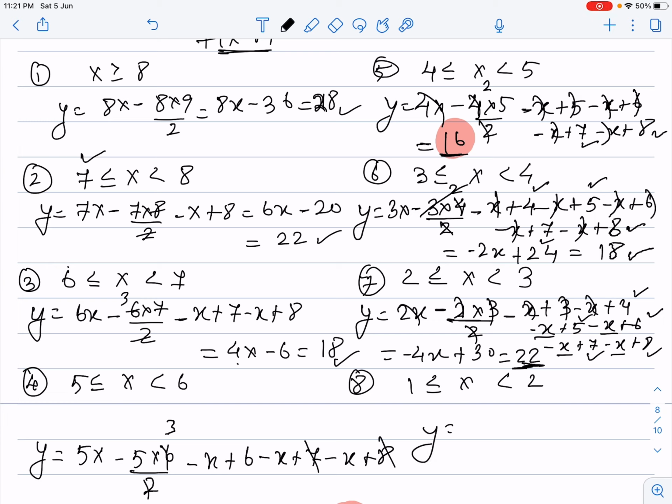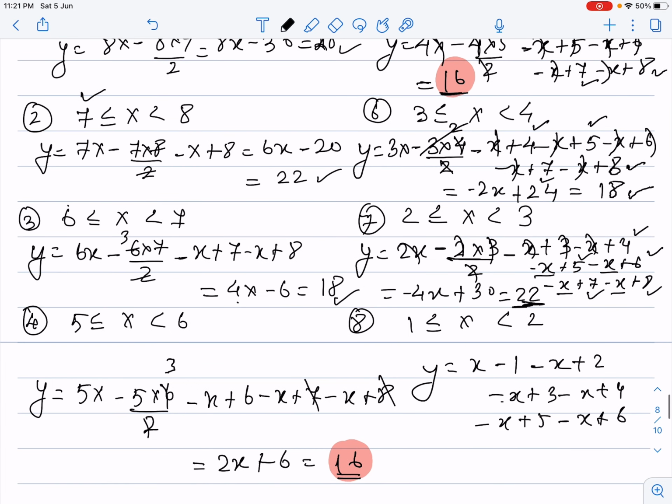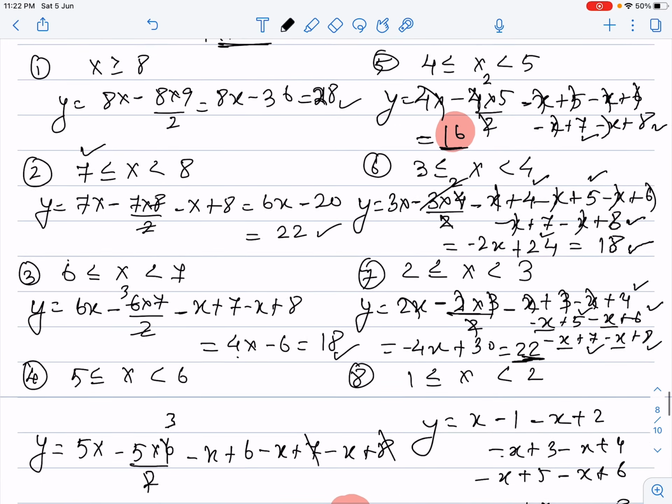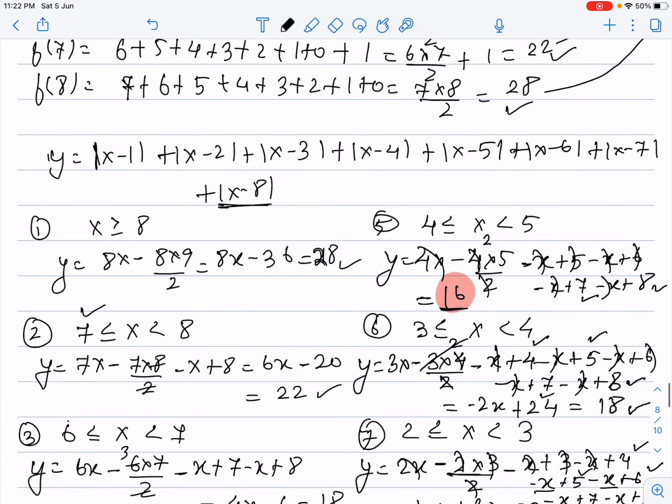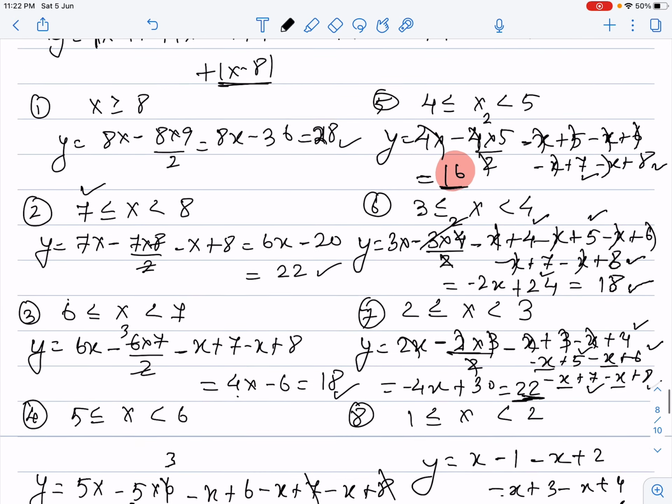Now I will be writing x minus 1 will be remaining, and after that we'll be writing with positive sign. Minus x plus 2, then minus x plus 3, minus x plus 4, minus x plus 5, minus x plus 6, then minus x plus 7, minus x plus 8. So finally we'll have minus 7x, because if we keep the point in between 1 and 2, no, that is 1.5, let us suppose we are keeping.